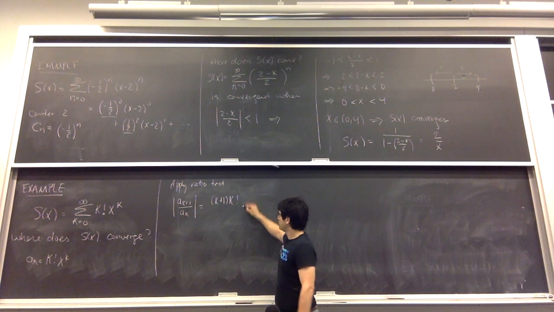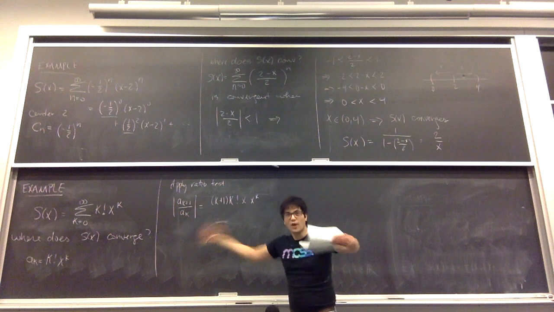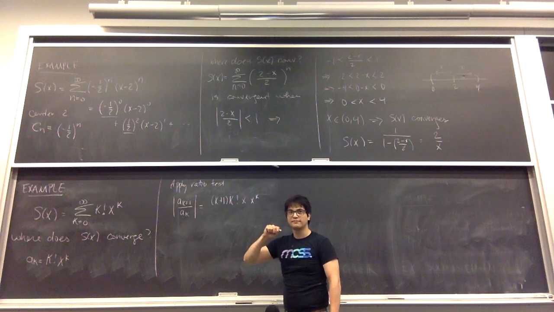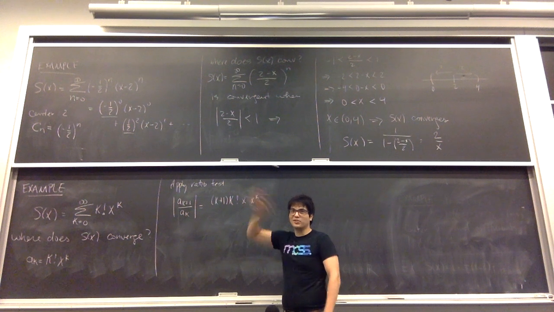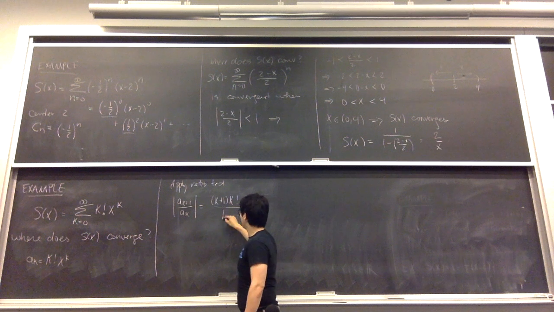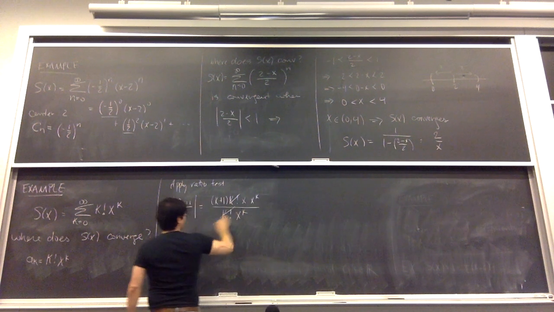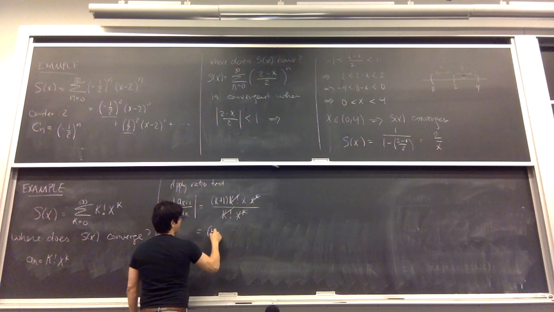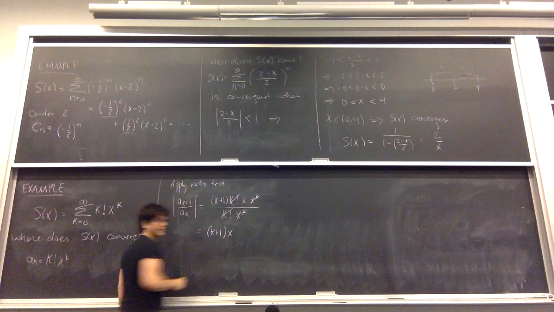Write x to the k times x. You're just adding one extra term, but this makes it super obvious what the cancellation should be. This would have been your second step anyway, so just skip the first step. Then underneath, I'm going to write k factorial x to the k. So that and that, this and this cancel, and we get that this is equal to k plus 1 times x.